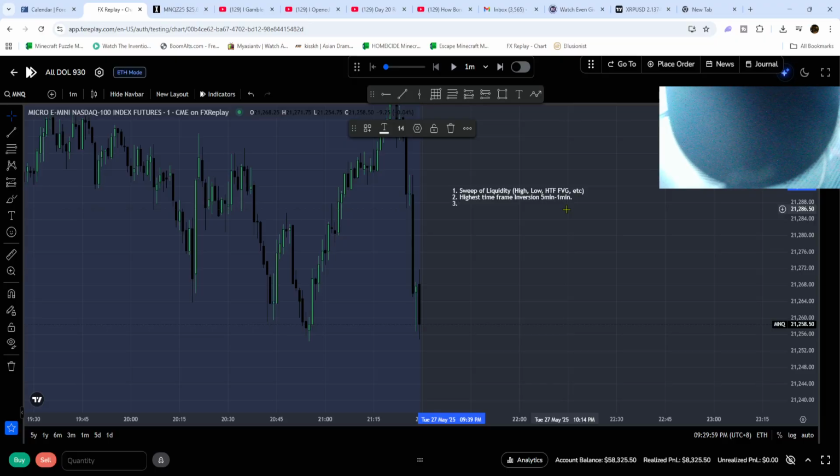Most of the time it's 5 minutes to 1 minute. I don't really use 50 minutes because it screws you up quite a lot of the time. But you can use that as your sweep of liquidity. So if price sweeps into a 50-minute fair value gap, you can use that as your entry model if it inverses one on the lower time frame.